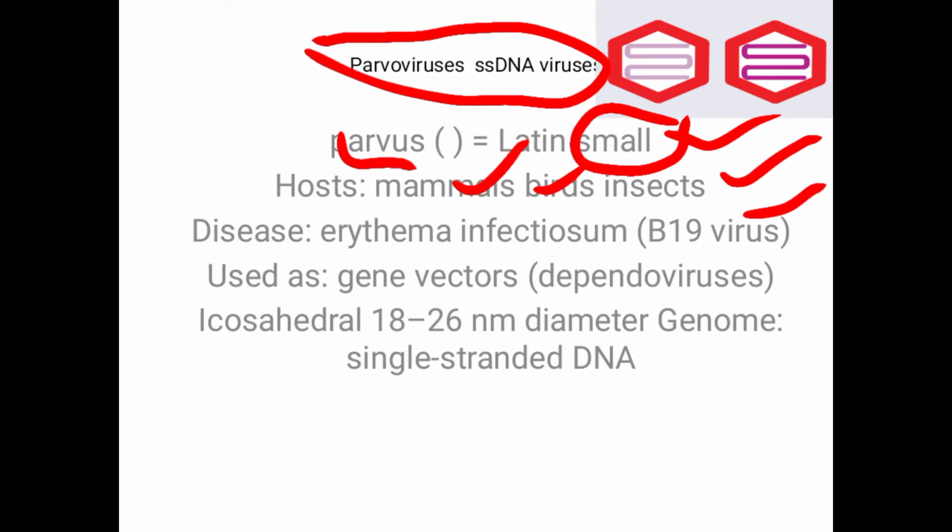We will discuss what erythema infectiosum and B19 virus are in this lecture. Now, the most important advantage of these viruses is that they are used in genetic engineering as a gene vector to transfer genes.